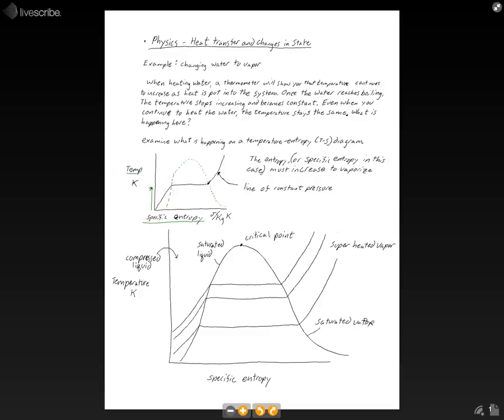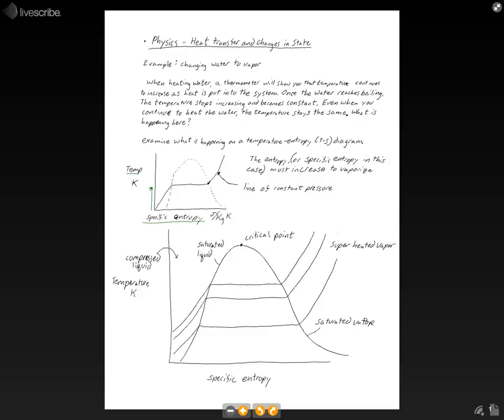So there's a mixture of vapor and gas inside the fluid. And as you continue to pour energy into it, you're actually increasing your entropy. Entropy is given as joules per kilogram Kelvin.